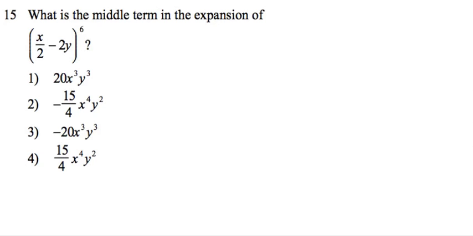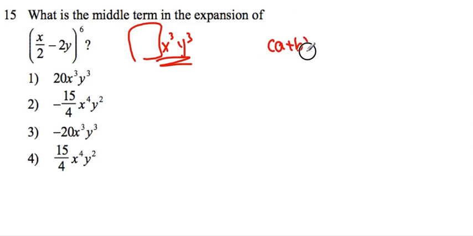Middle term, therefore, in this case, we are looking at where x has exponent 3 and y also has exponent 3. That's what middle term is talking about. So we need to figure out the coefficients here. Generally speaking, if we have (a + b) to the nth power, each term can be expressed as nCr times a to the r power and b to the n minus r power.